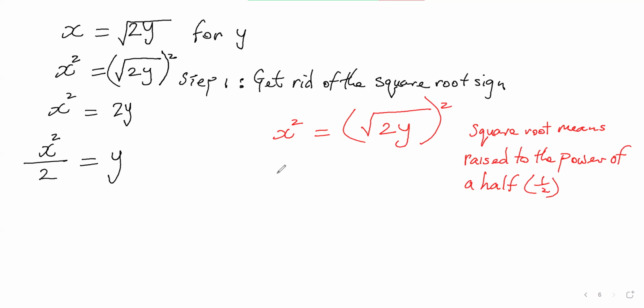All right, so now we have x squared is really equal to 2y. Instead of using square root, we use to the power of a half, by to the power 2.